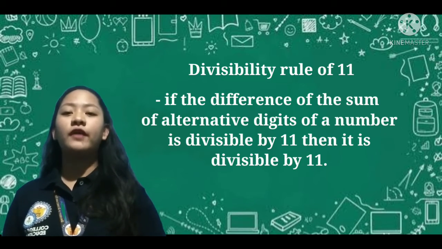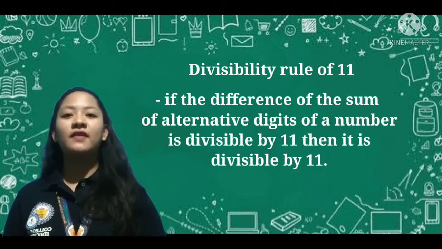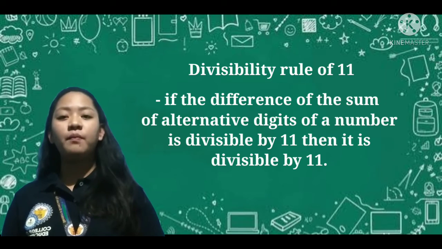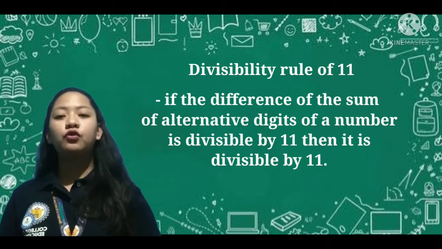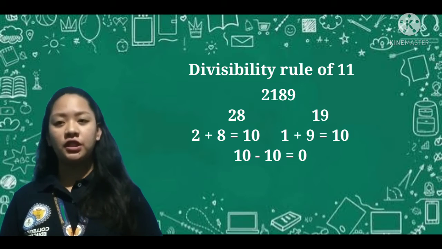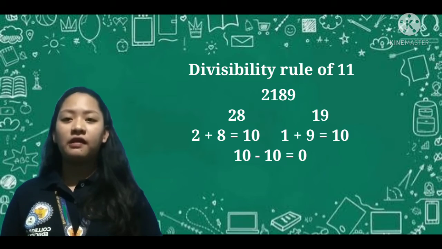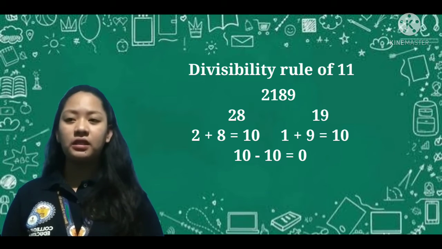Divisibility Rule of 11. If the difference of the sums of the alternate digits of a number is divisible by 11, then the number is divisible by 11 completely. For example, 2,189. First, you have to group the alternate digits, the odd and even positions. Then we will get 28 and 19.